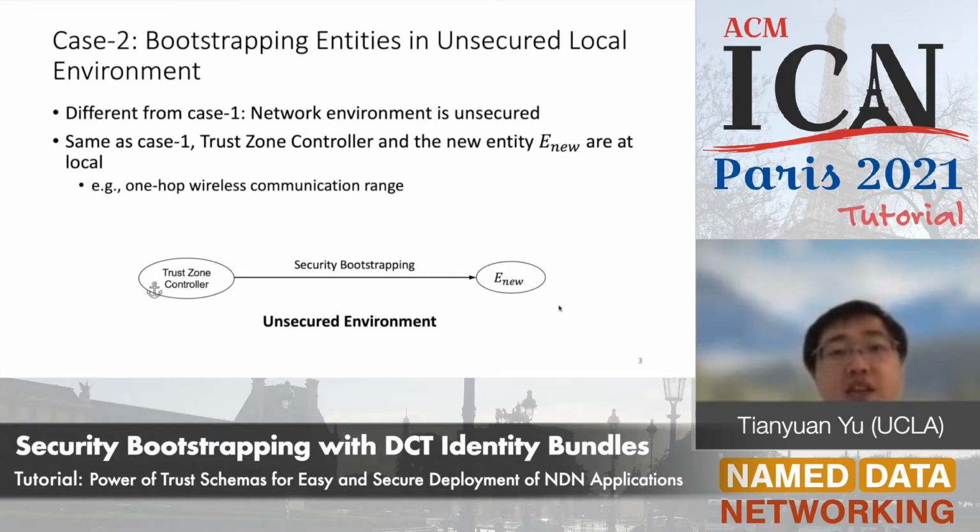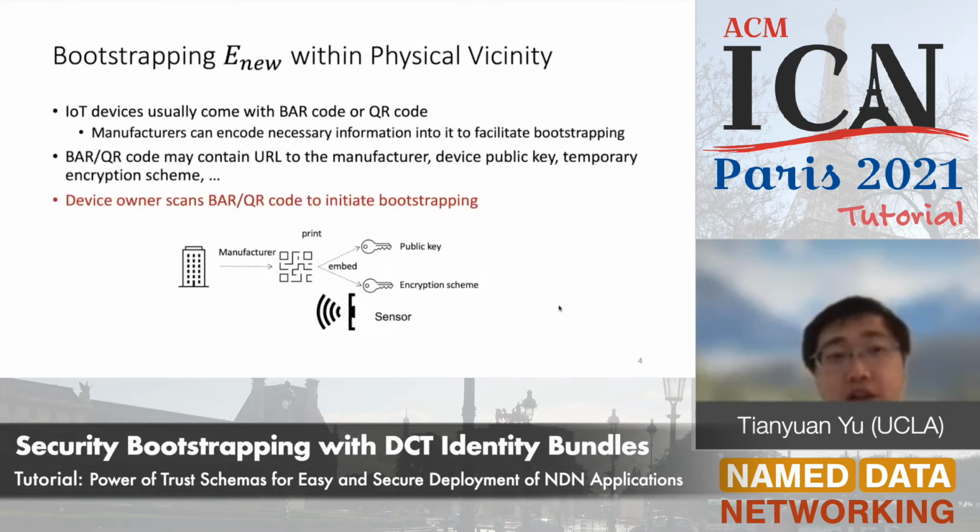What if the network environment is unsecured, which means you don't have the command line tools to actually install the DCT bundle? Same as case one, the trust zone controller and the new entity are local, say within one hop wireless communication range. Specifically, consider that the user Alice wants to bootstrap her sensor into the trust zone.